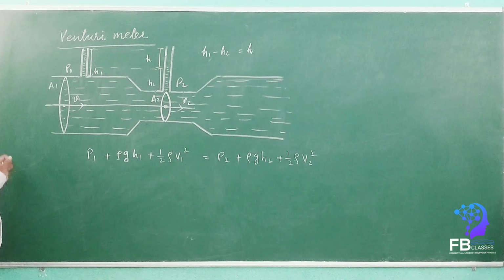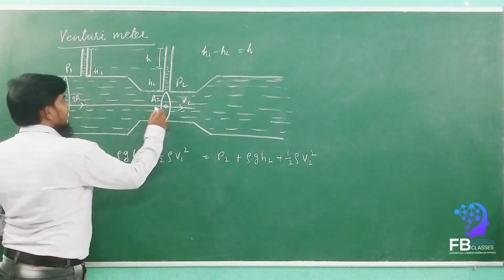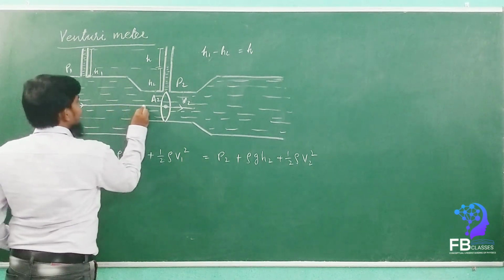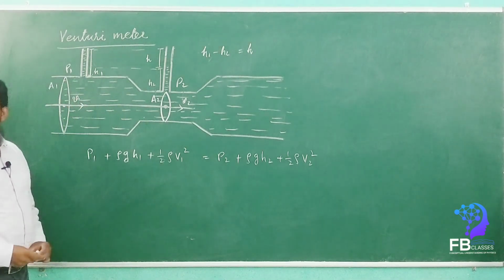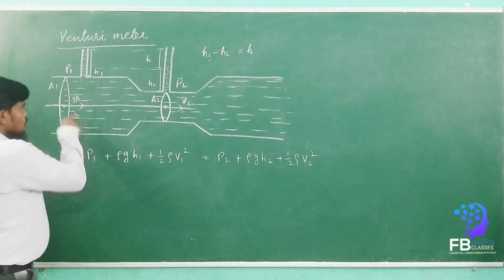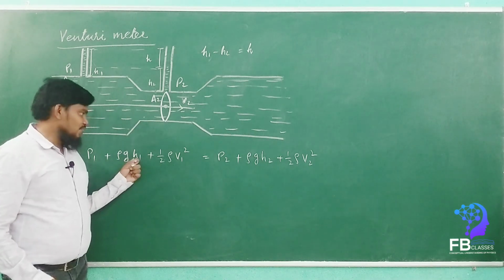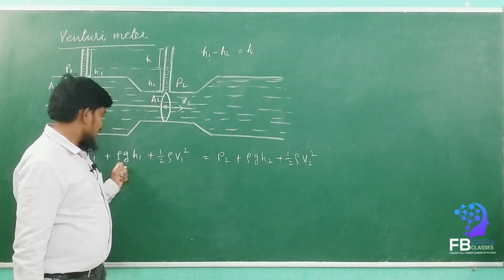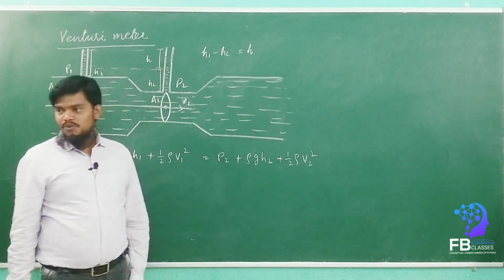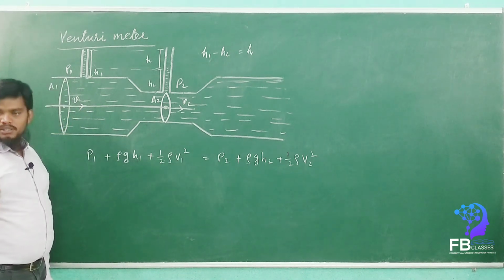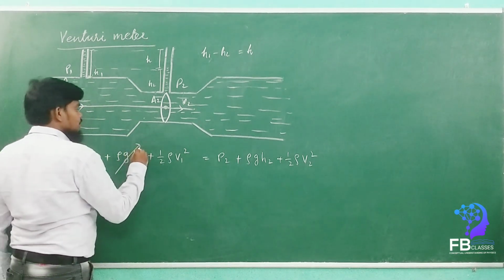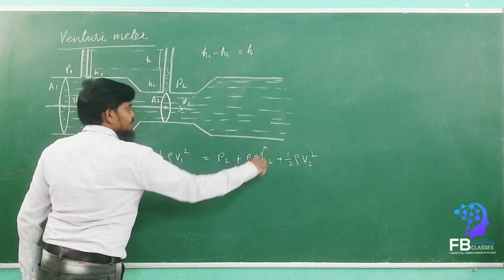Got it? So now this height, see here, we are taking along the base, yes or no? So along the same horizontal line, that means H1 and H2 are equal. Are you getting my point? So both the terms will get cancelled.